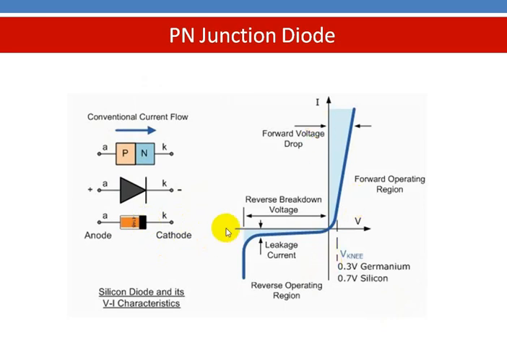Coming to the characteristics, let us see the characteristics in the forward operating region. In the forward operating region, the diode is forward biased. When the voltage across the device becomes equal to the cut-in voltage, which is 0.7 for silicon and 0.3 for germanium, the diode starts conducting current.